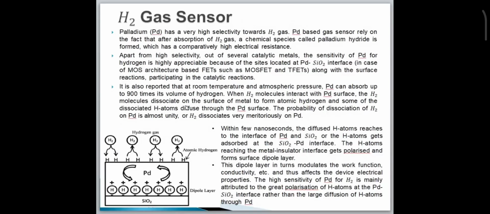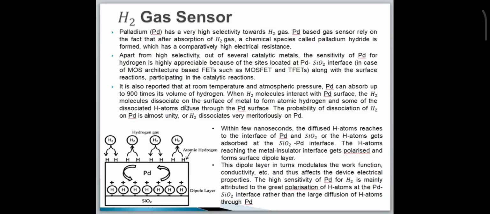First, we will talk about the H2 gas sensor, how it works. Palladium has a very high selectivity towards H2 gas. That's why we use Pd as a gate metal, as a catalytic metal in the FET device.